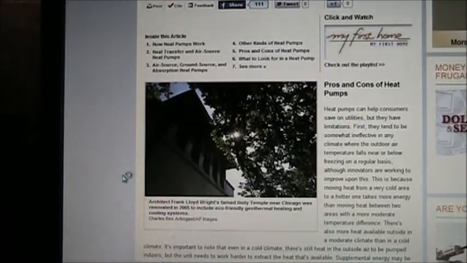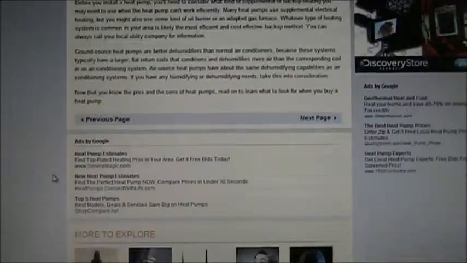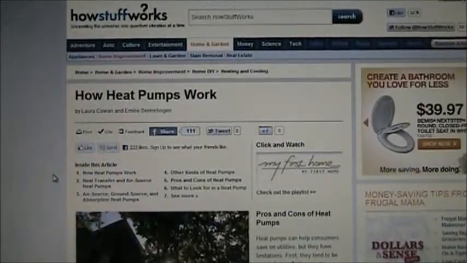Here we can look at pros and cons of heat pumps. If you want to write this down, you can go check this out for yourself.